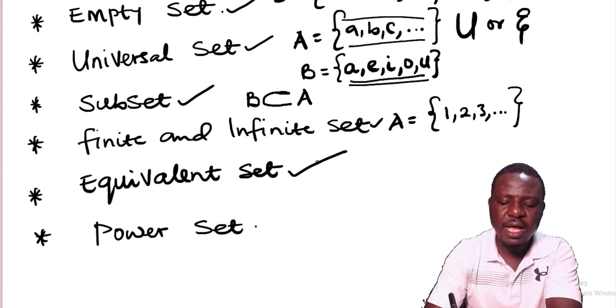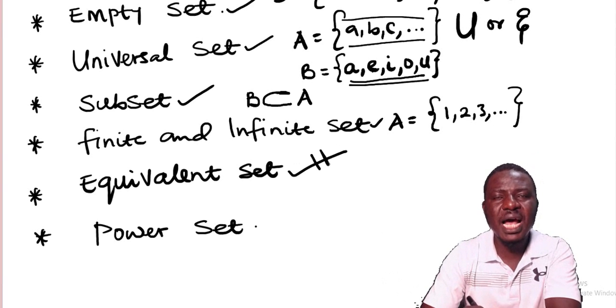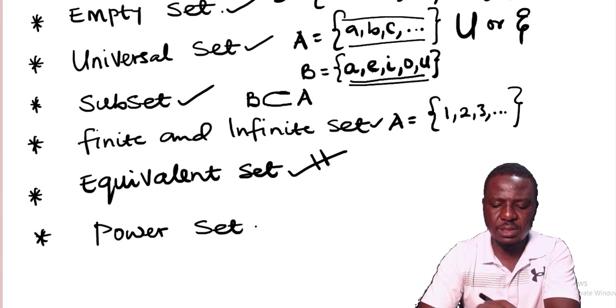We also have an equivalent set. 2 sets are said to be equivalent if they contain the same number of elements.